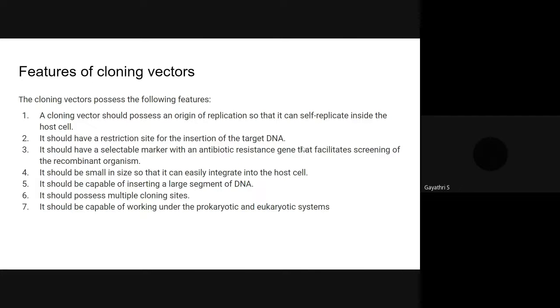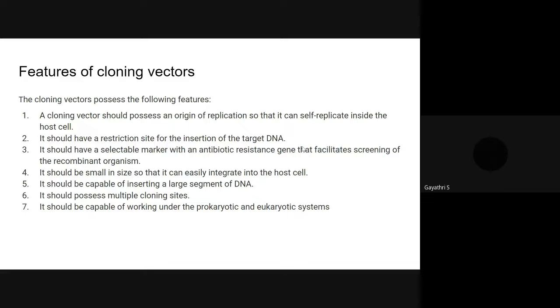Now let us see the features of cloning vectors. A cloning vector must possess an origin of replication so that it can self-replicate, as said before. It must have restriction sites for the insertion of the target DNA, and it should be small in size so that it can be easily integrated into the host cell.